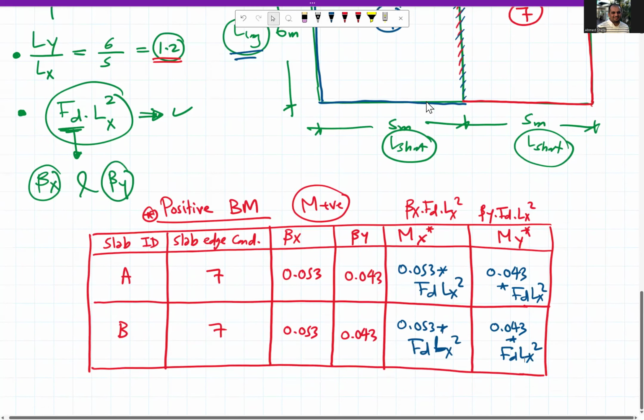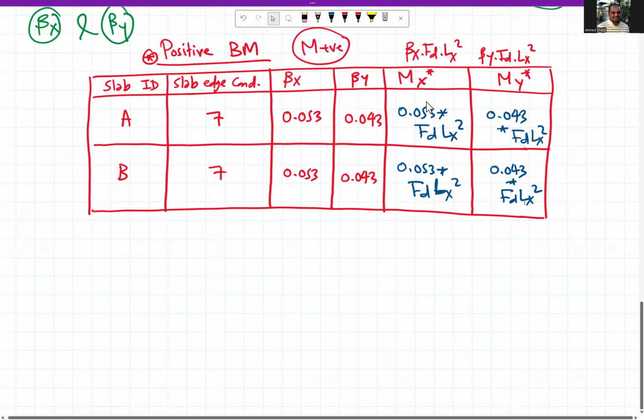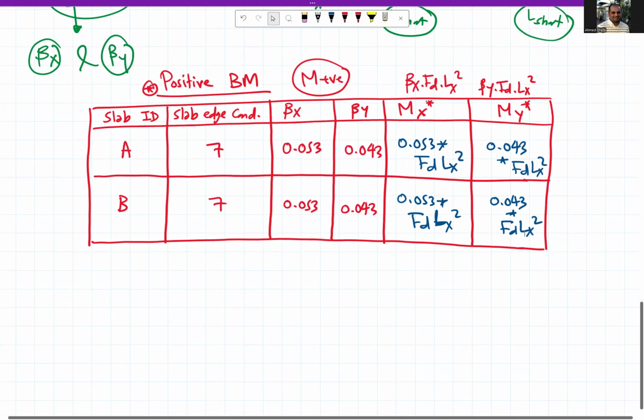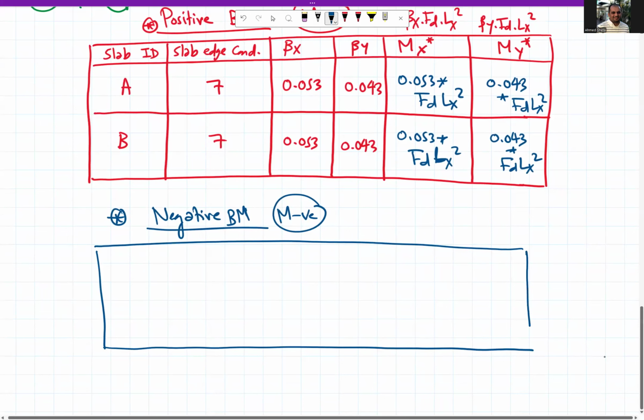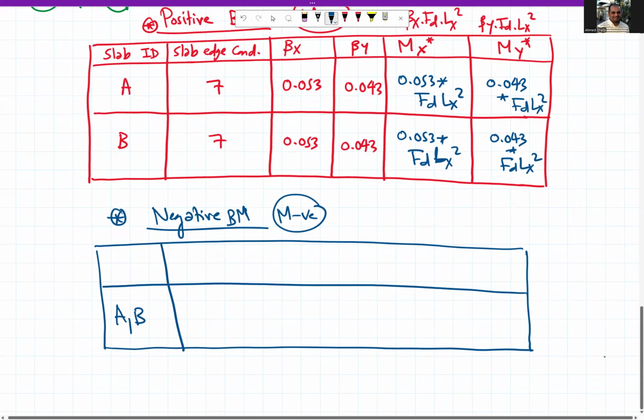So this is our positive moment. For the negative bending moment, you can also use the table. What you can do is create the table, and we don't need to create many bays because they are the same. So A and B in one cell.